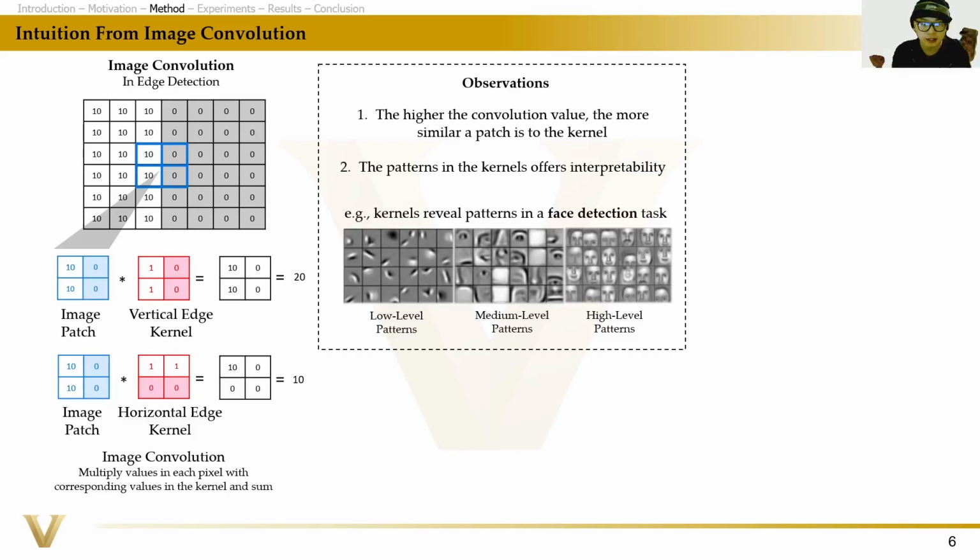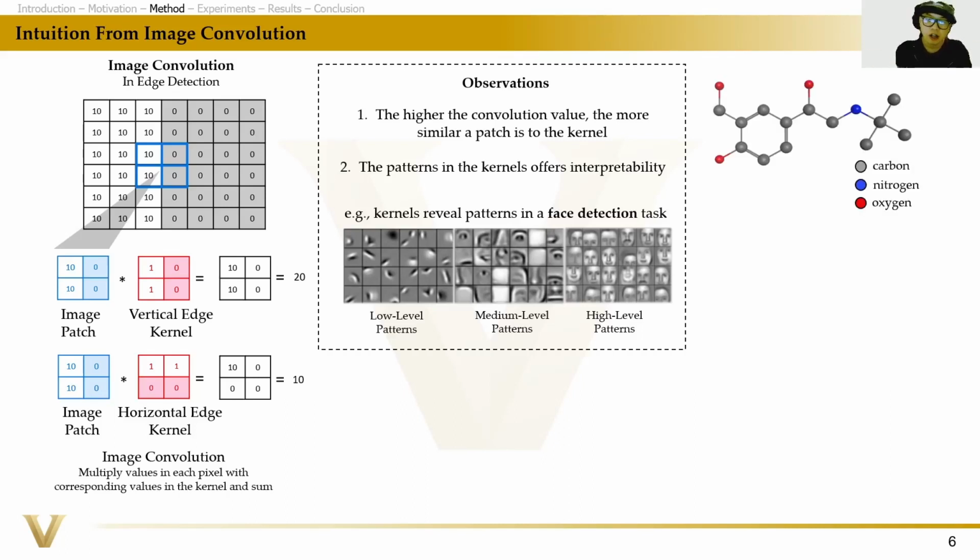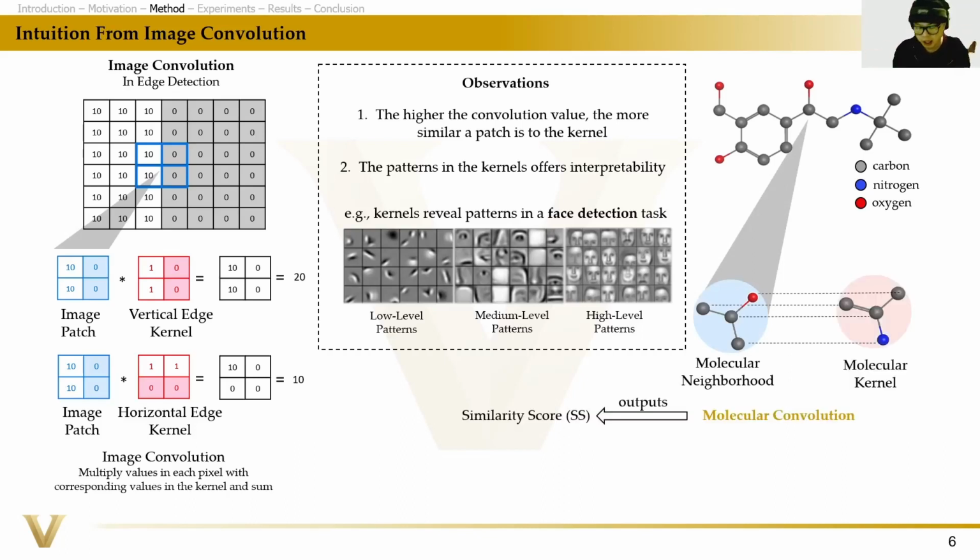Here I showed an example in the face detection task. We can see that the kernels in this face detection task show different levels of pattern. So in a similar fashion, for a given molecule, we can also look at a molecular neighborhood and convolve this with a molecular kernel. What we want from this molecular convolution is a similarity score.